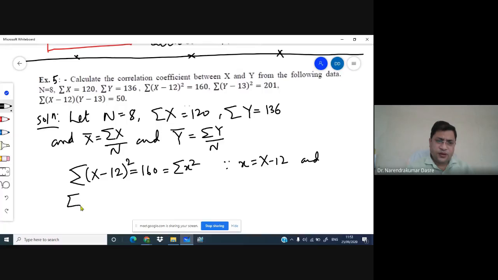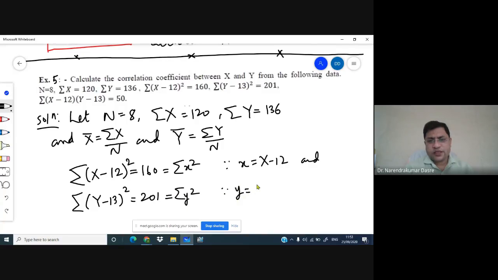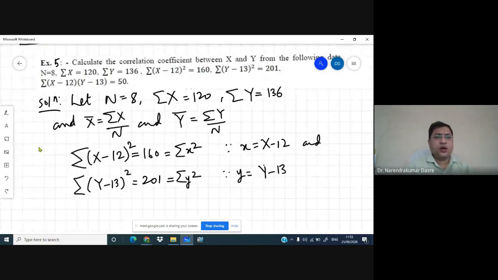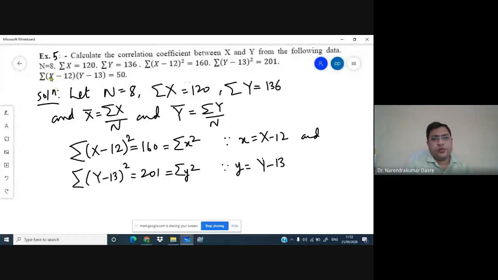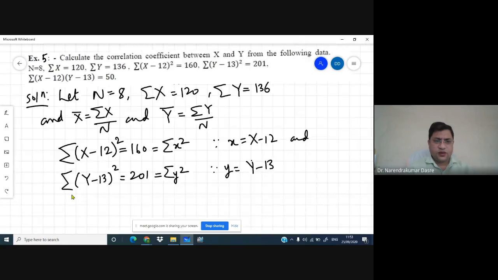And summation of capital Y minus 13 whole square is equal to 201. So this is summation small y square, where small y is equal to capital Y minus 13. And now this is going to be summation small x into y.